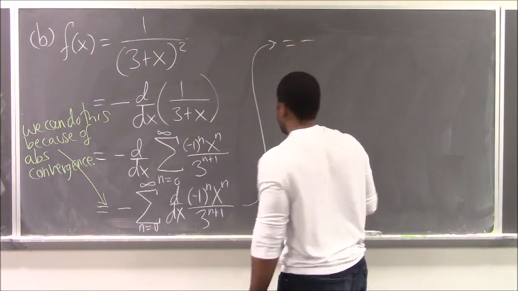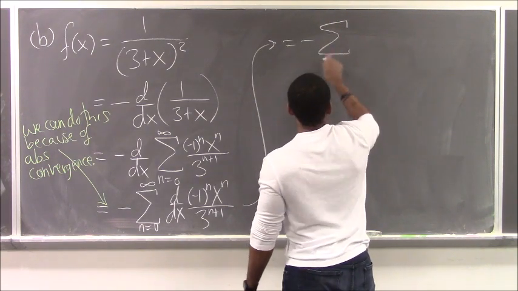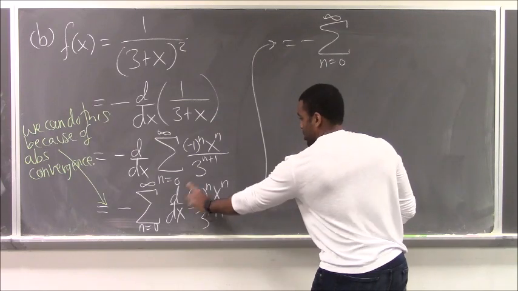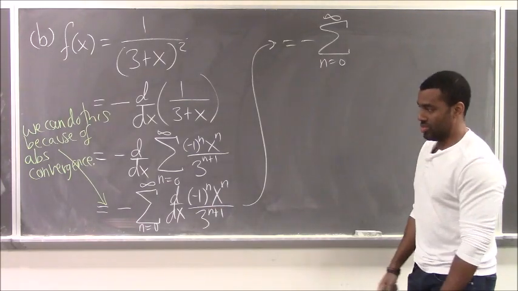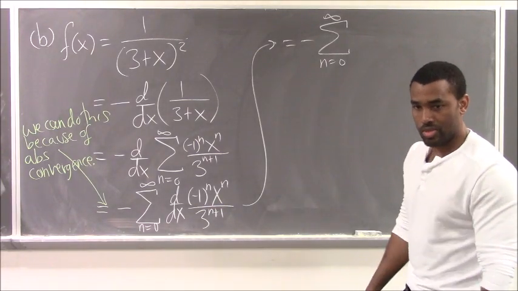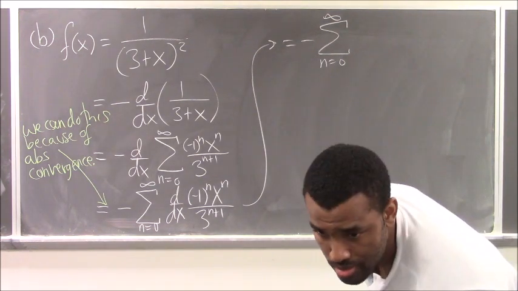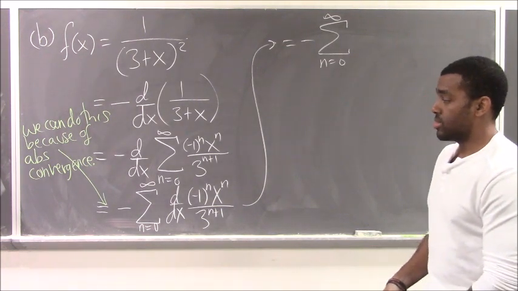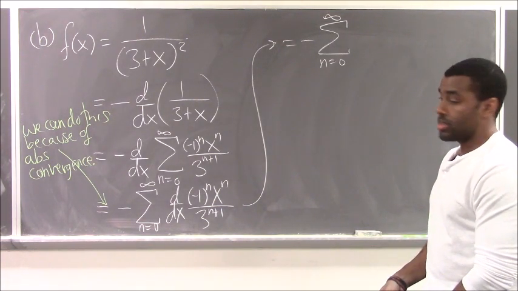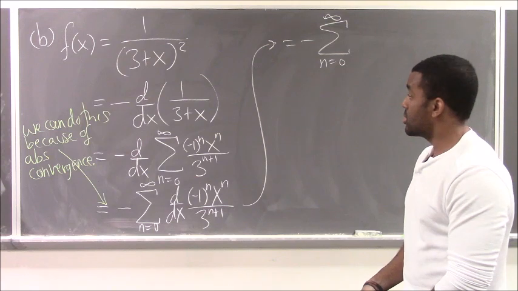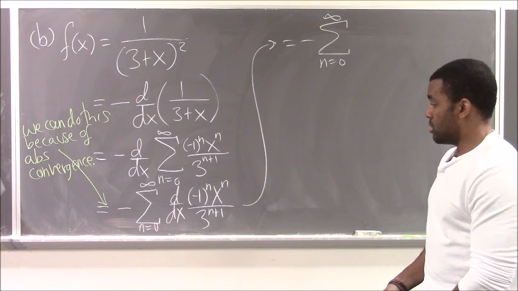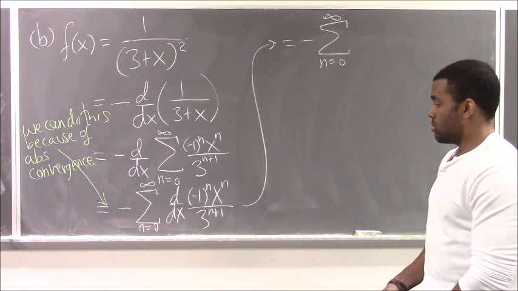Okay, so now that being said, what is the derivative of this thing? You can just leave the negative 1 to the n over 3 to the n plus 1 alone and differentiate x to the n.